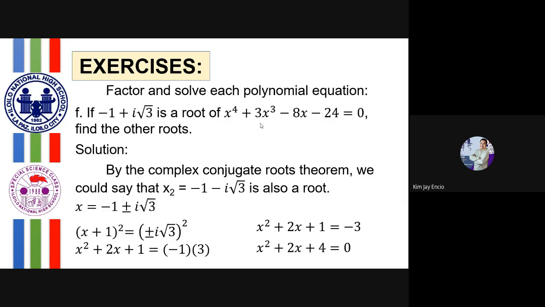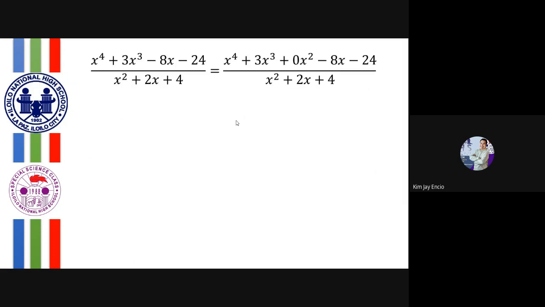With such, how do we determine the other factor? Of course, by using division. We can perform either long division or synthetic division, but for my case, I prefer to use synthetic division.